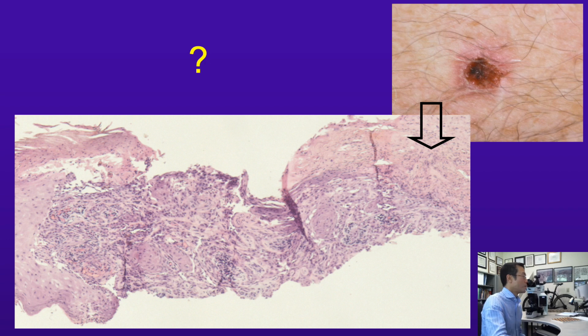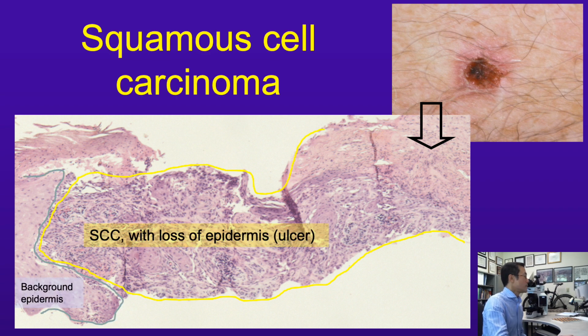Moving on, more experienced observers may choose to pause here and diagnose this as SCC, squamous cell carcinoma. When we use the term SCC, at least in dermatopathology, we mean invasive carcinoma. The non-invasive variants are termed Bowen's disease or AK, as we just discussed, but SCC means invasive cancer.